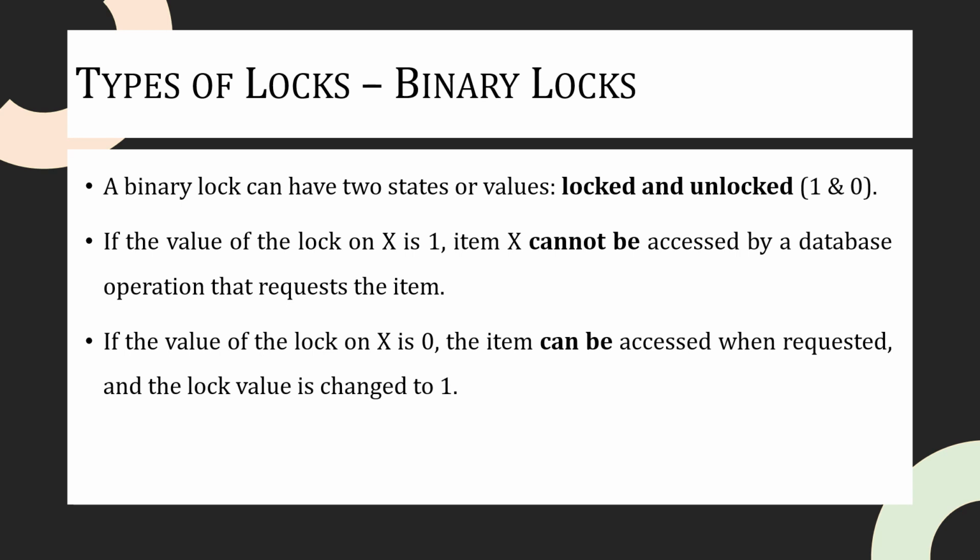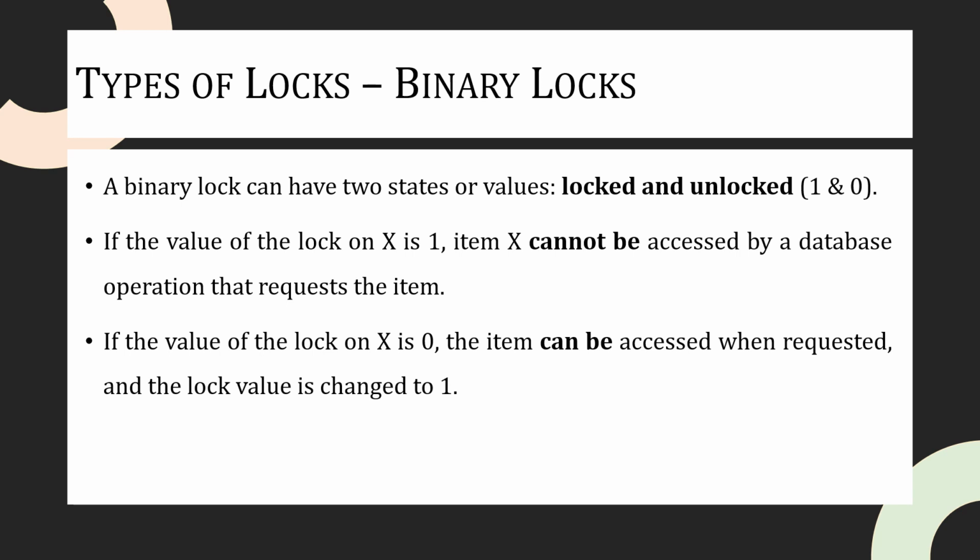First, let us discuss the binary locks. As the name suggests, a binary lock consists of two states, the locked state and the unlocked state, and its corresponding values are 1 and 0. Based on the value of the lock variable, we can determine whether a particular item can be accessed or not. If the lock on X is 1, then the item X cannot be accessed by a database operation which requests that item.